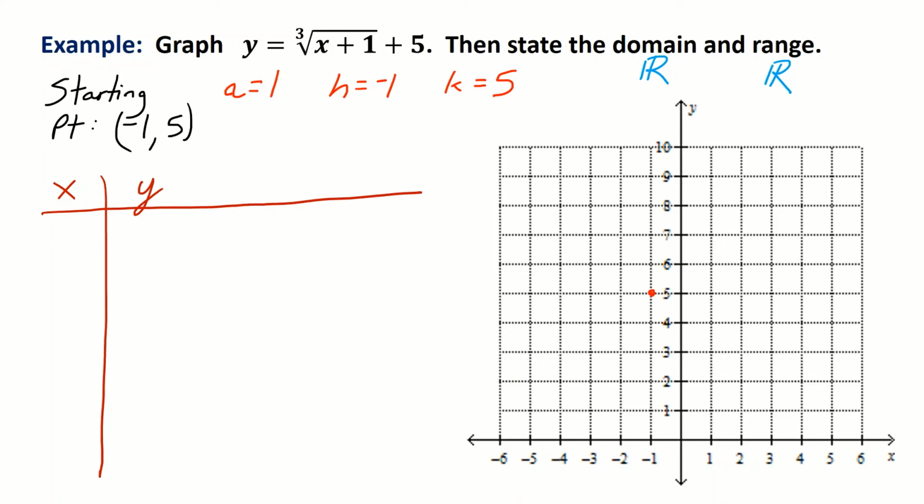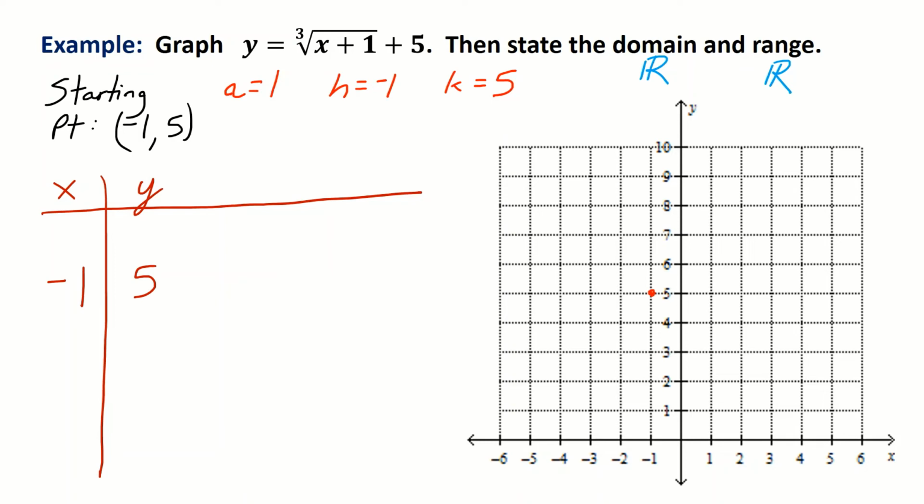And here are the numbers I recommend substituting. Well, let's start with negative 1 first. So I know when I substitute negative 1, I'm going to get 5. Next, it's usually a good idea to go 1x to the left and 1x to the right, especially when you're doing cube root.